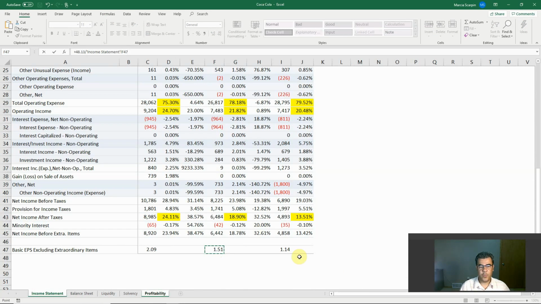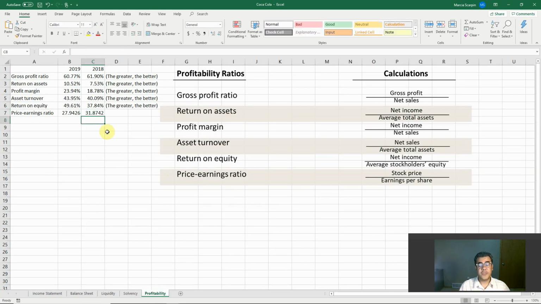Earnings per share here 151.31. So here, what do we have? It's very good if we can compare it. It means that comparing to 2018, the stock price is a little bit cheaper than 2018. So if we compare 2019, the PE ratio is 27.